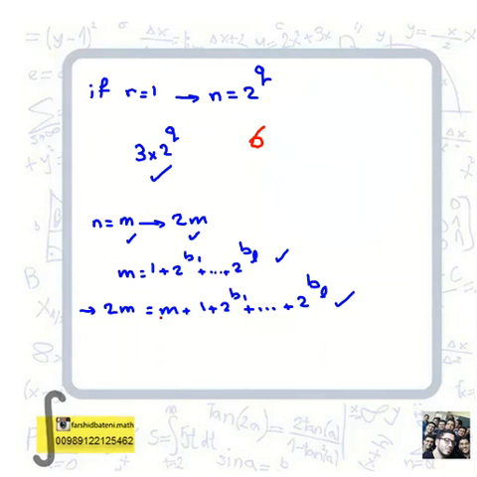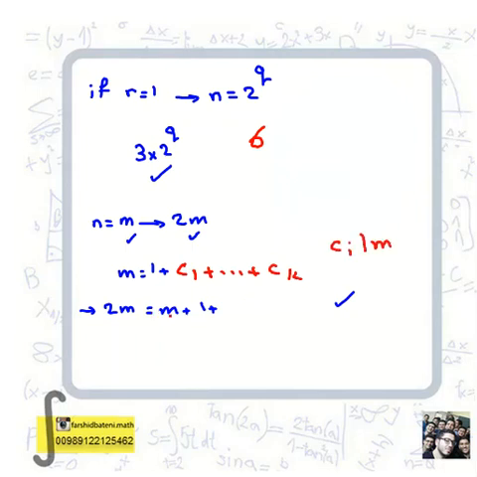Because we can write m as a sum of divisors of m, for example c1 plus through ck, where all the ci are divisors of m.